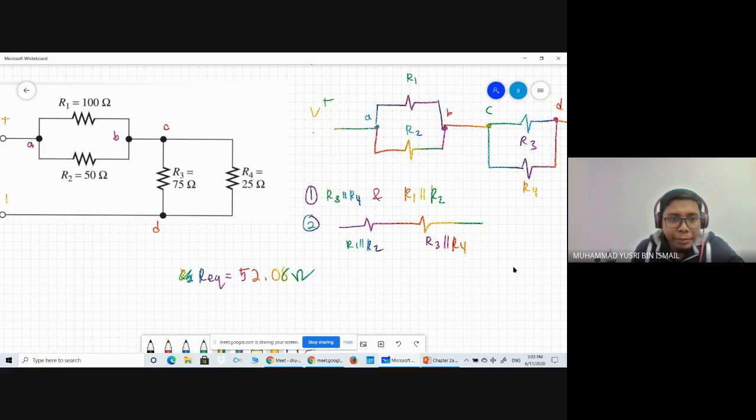So sini saya dapat 18.75. 100 kalikan dengan 50 bahagikan dengan 150. Okay, betul 52.08 ohm.